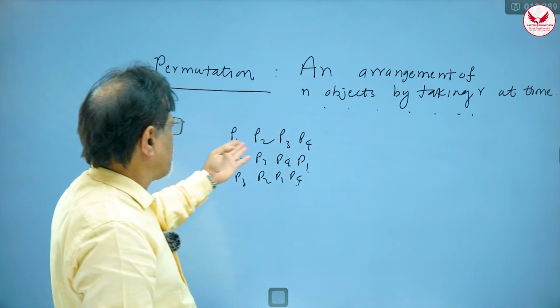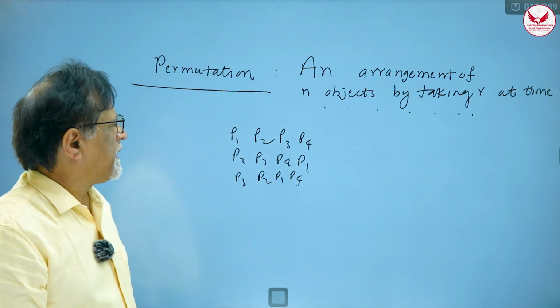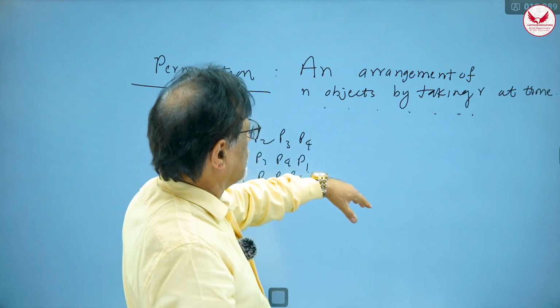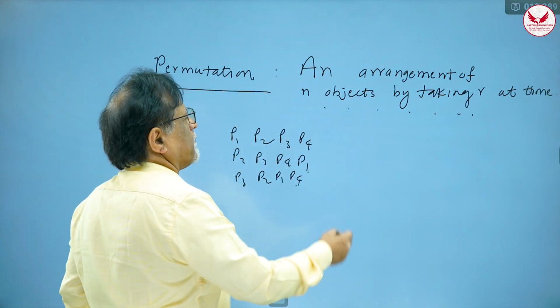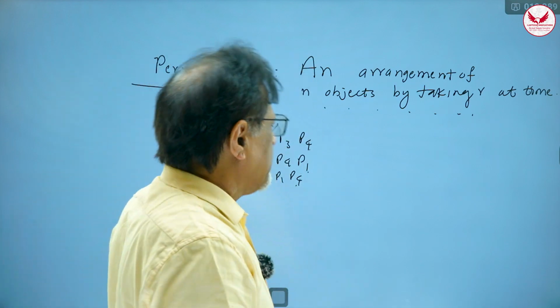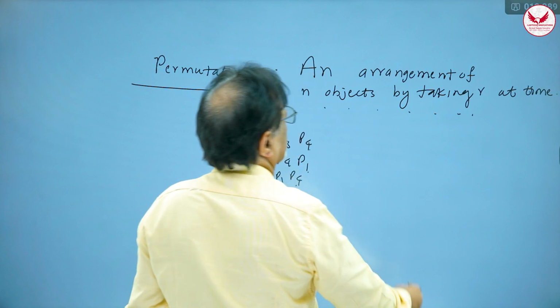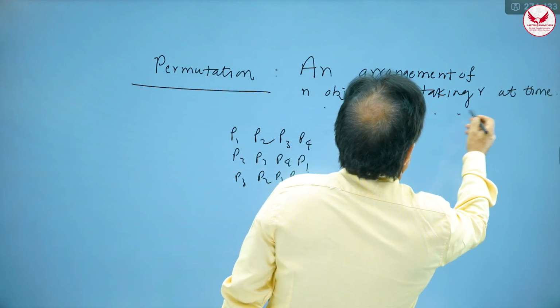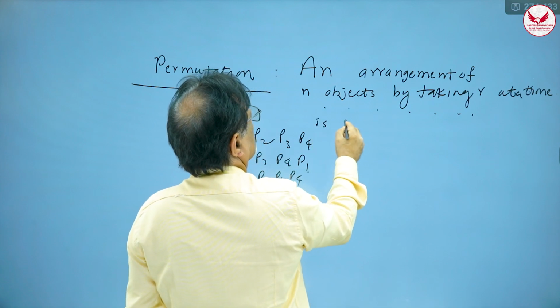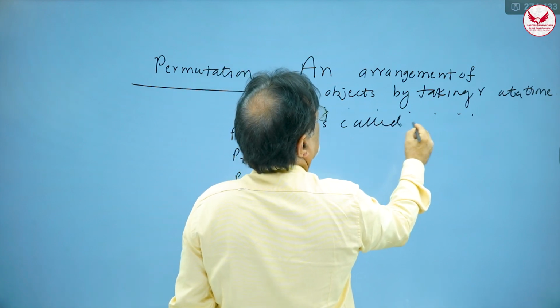For example, in this question, I had 4 persons and I have taken all of them. So here n was also 4 and r was also 4, but that need not be the case. I may have 4 persons, but I may allow only 3 persons to sit, right? So in that case, r will be 3. Taking r at a time is called permutation.